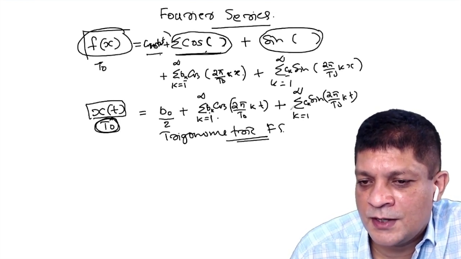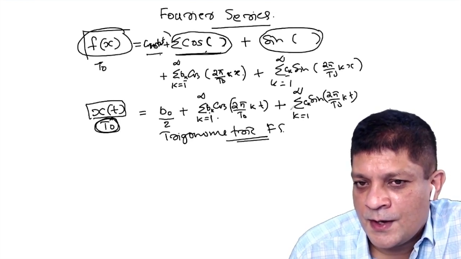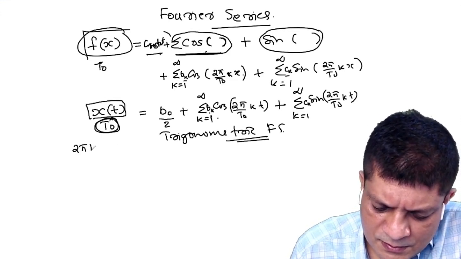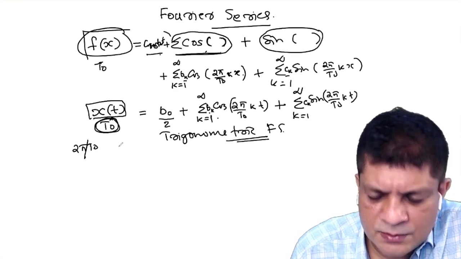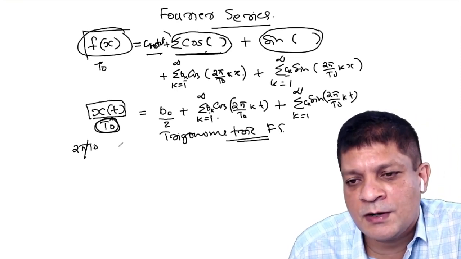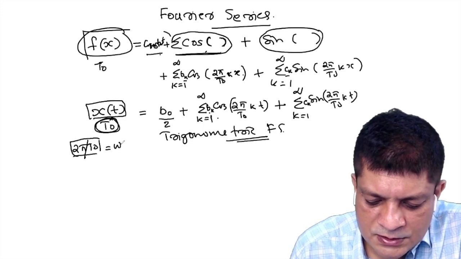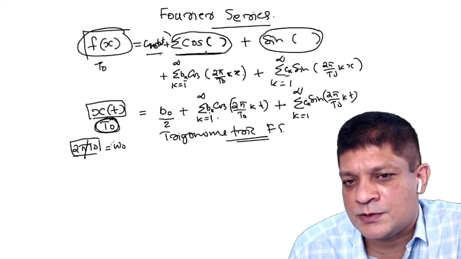Now what is 2 pi by T naught? T naught is the fundamental period of the signal. So 2 pi by T naught is the fundamental frequency omega naught.